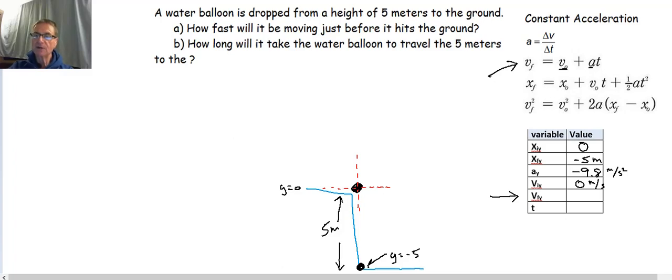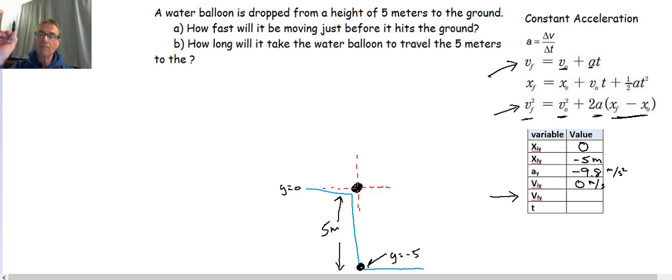Let's see, the third equation here has nothing to do with final velocity, so that's not going to help us. Let's look at the fourth equation. All right, final velocity, which is what we're looking for, initial velocity, which we have, acceleration, which we have, and the displacement, which we have. All right, so we can use the fourth equation to figure out what the final velocity is going to be.